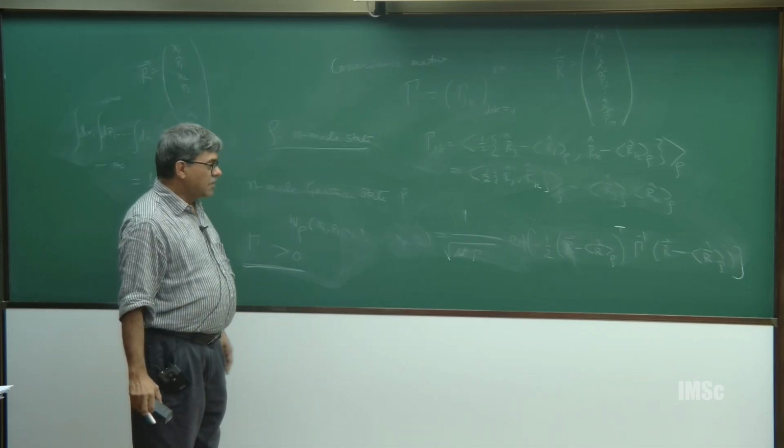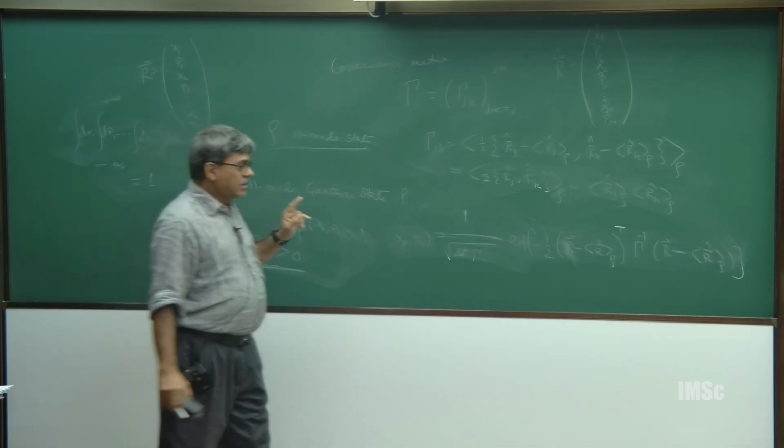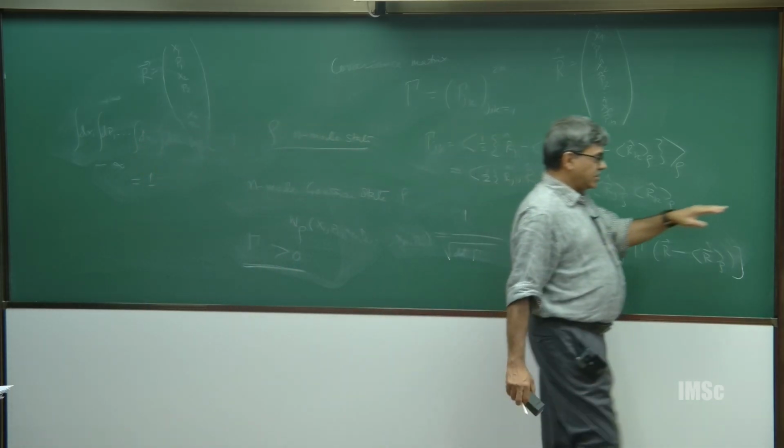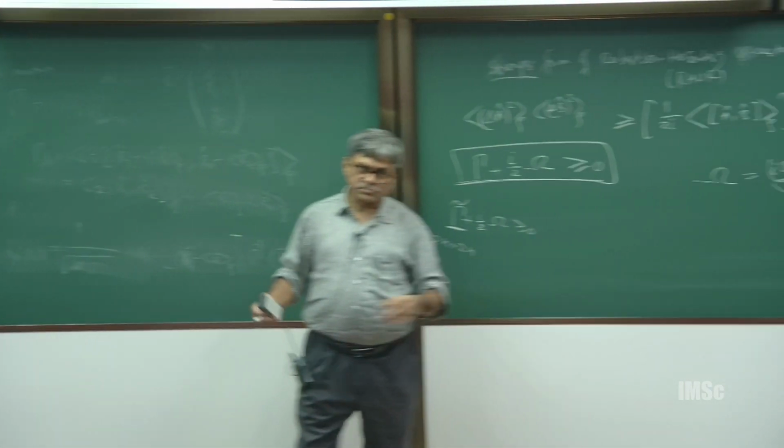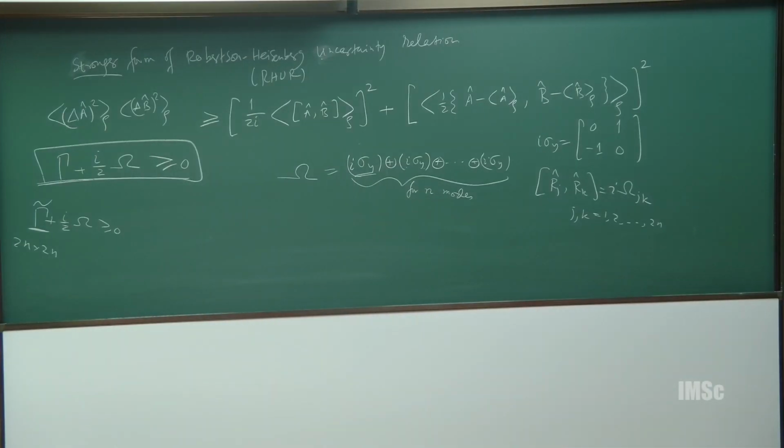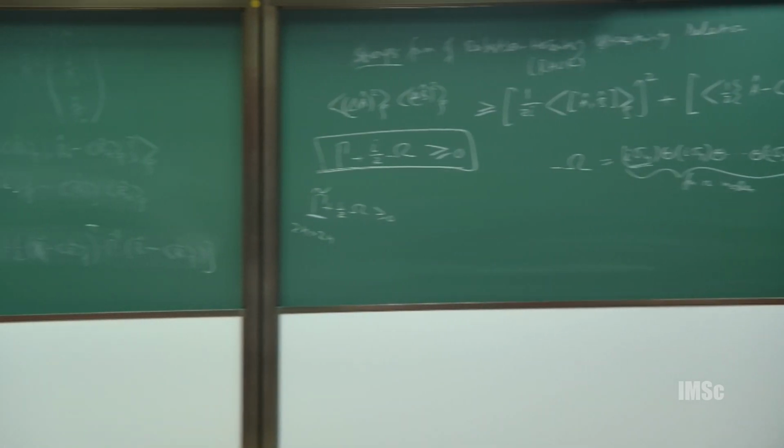That is not an issue. But for the quantum case, you will also have to satisfy this condition, simply because of the uncertainty. Right. So, let us take first the single mode case.